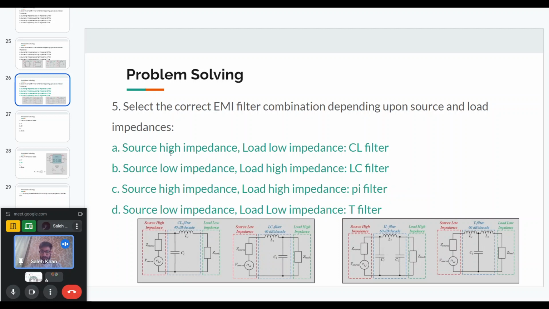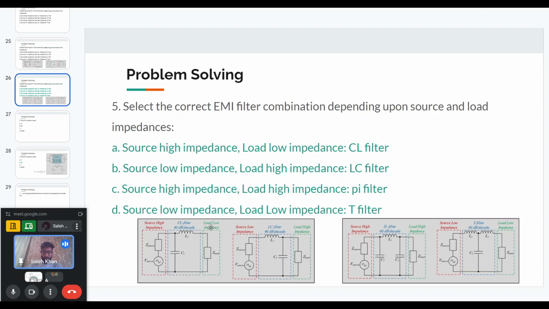If the source is high impedance and load is low impedance, then we will have a CL filter. The first letter will be connected to the source and the second letter to the load. So a CL filter provides the correct combination for a high impedance source and low impedance load.